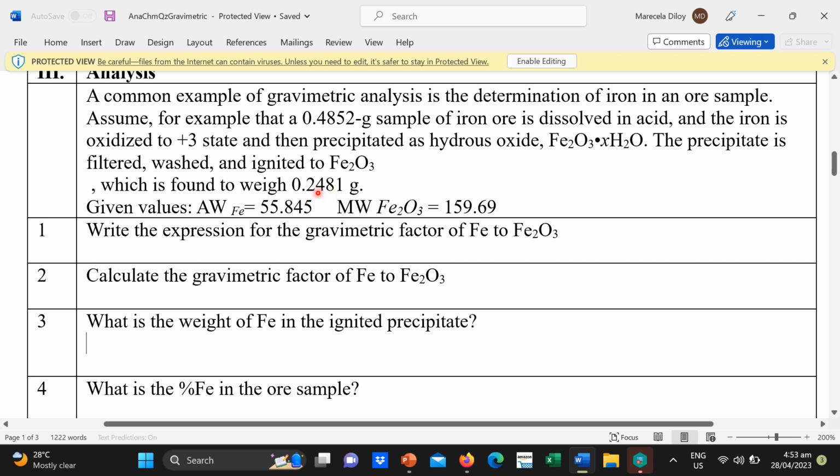This is now pure ferric oxide. You are given the atomic weight of iron. You are given the atomic weight of ferric oxide. All you need to do is write the expression, calculate, translate it to weight of iron in the ignited precipitate, and eventually present iron in the sample.